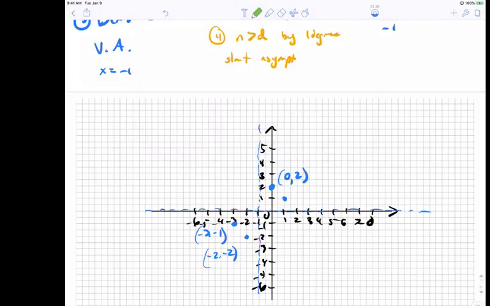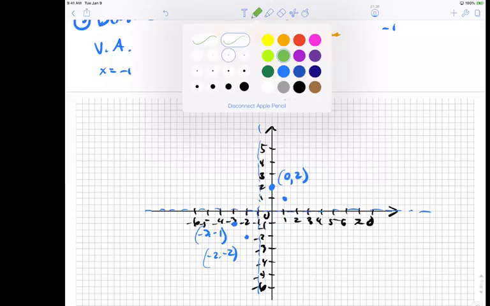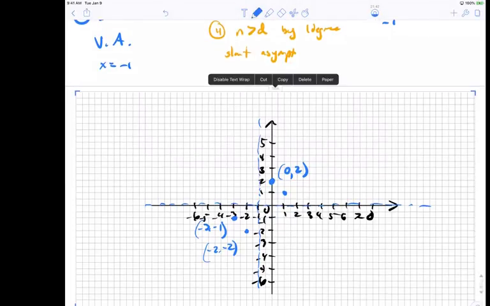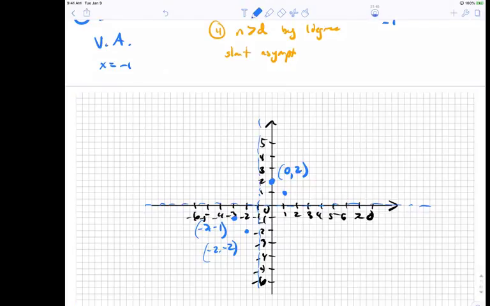We can keep it as blue. We're going to start close to the asymptote, pass through these points, and then finish close to the asymptote. That's it. That's how you graph these.